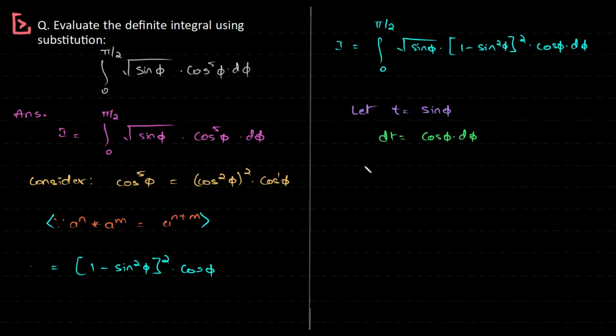So everything is set. Along with the limits, we would like to change them, right? That is better. Going back and forth does not make sense because it's a straightforward thing. When phi is equal to pi by 2, t is equal to 1. For phi equal to 0, then t is equal to 0.